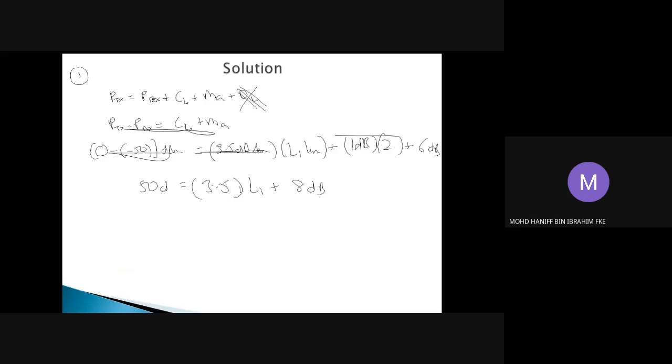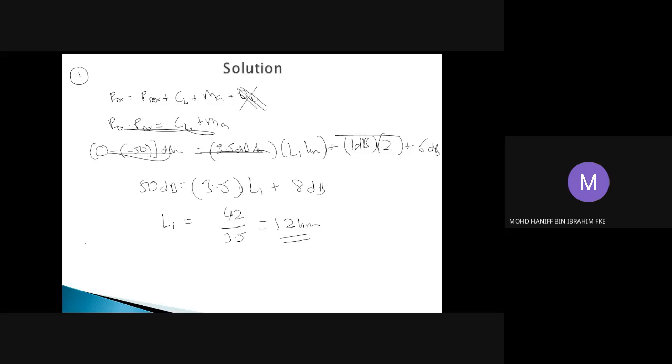Okay, so I can just use dB here, right? So from here, we can have L1 equals to 42 divided by 3.5, and this will give us about 12 kilometers for your allowed transmission distance for system number 1.